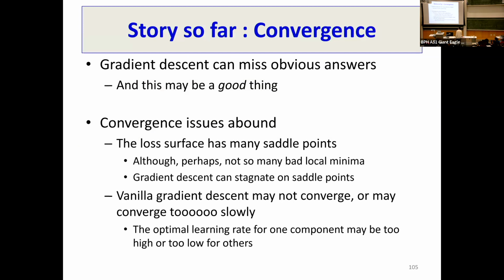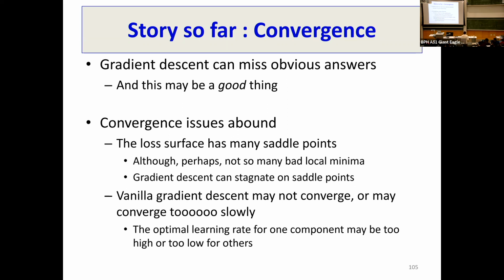So gradient descent can miss obvious answers, but this may be a good thing. Convergence issues abound. The loss function surface has many saddle points, although perhaps not so many bad local minima. Gradient descent can stagnate on saddle points. Vanilla gradient descent may not converge or may converge too slowly.